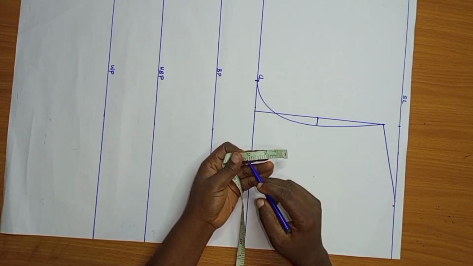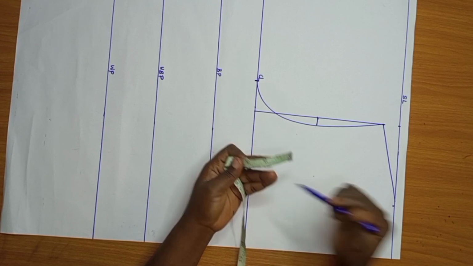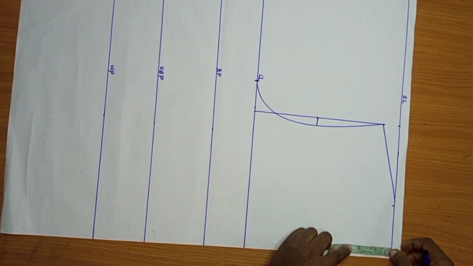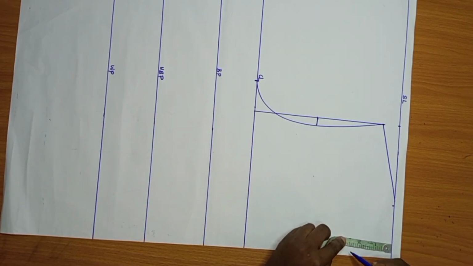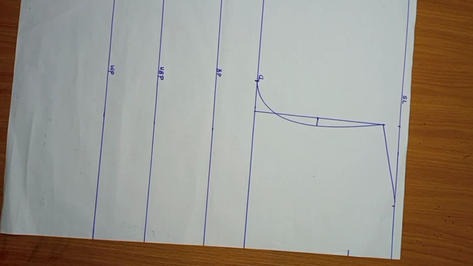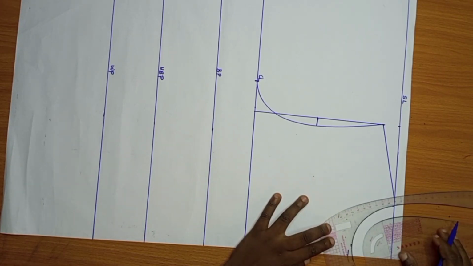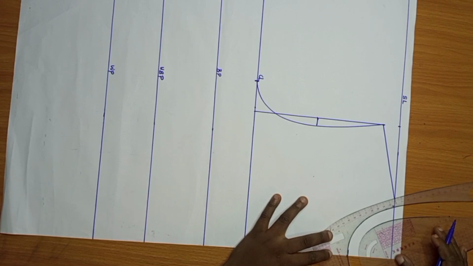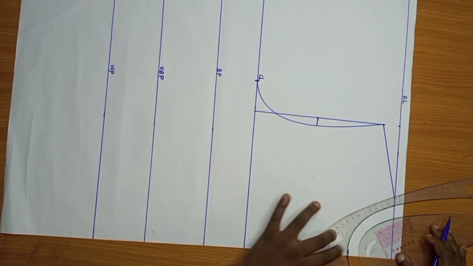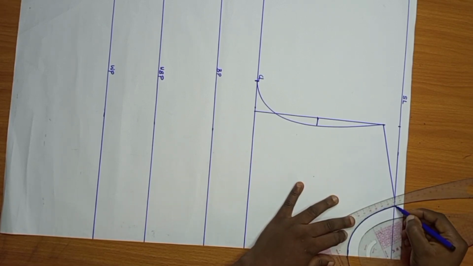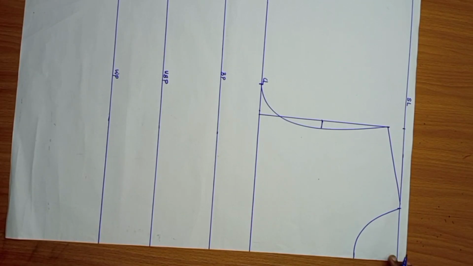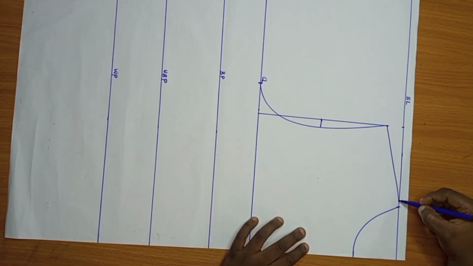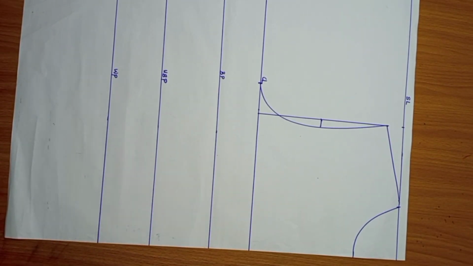You can come down by 3 inches if you want, but I made use of 2.5 inches. 3 inches is okay if you want to make use of 3 inches. I just personally want to make use of 2.5 inches. Now I'll go ahead and connect it this way. After I'm done connecting it, I'm just going to blend this.